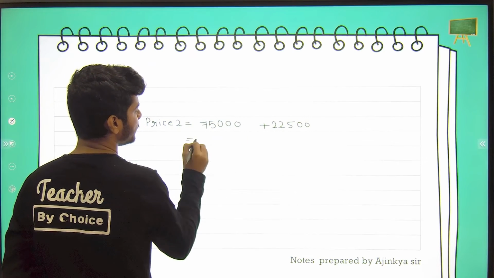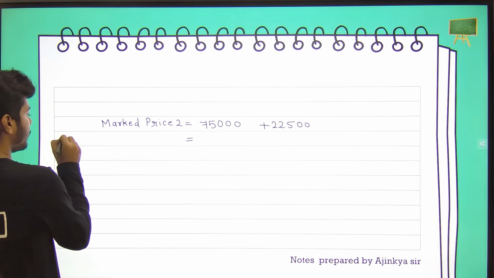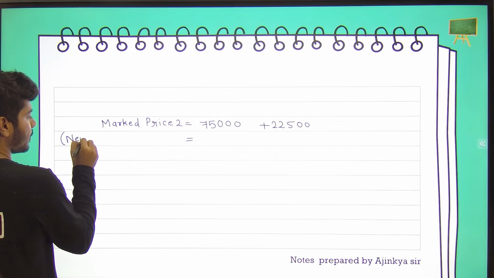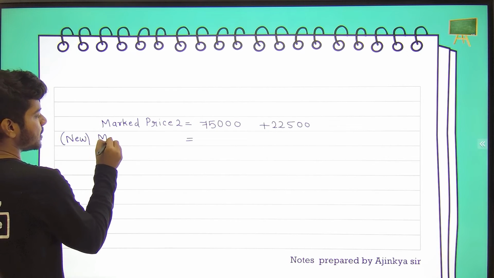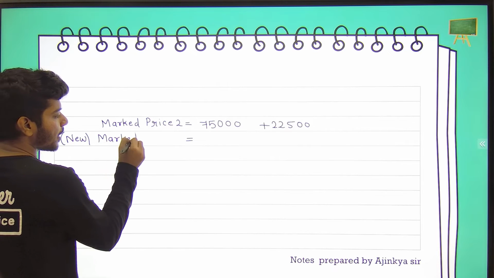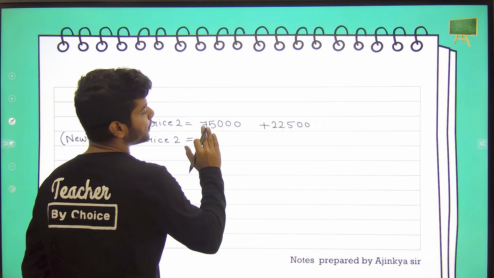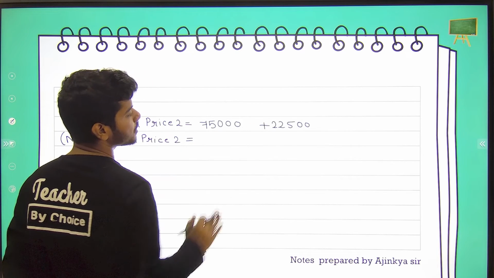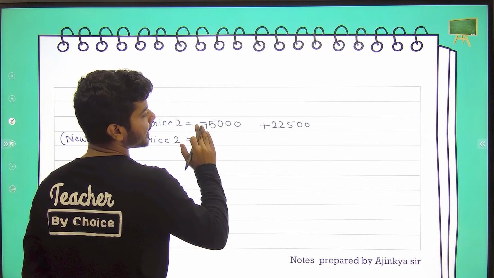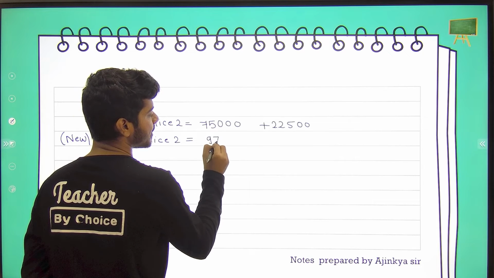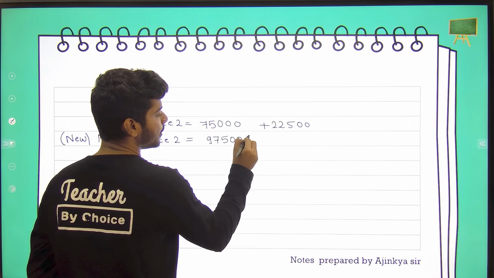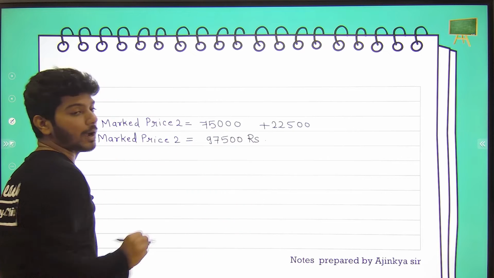This would be the new mark price, mark price 2. This would be 75 plus 22, 97,500. 97,500 rupees is the new mark price.